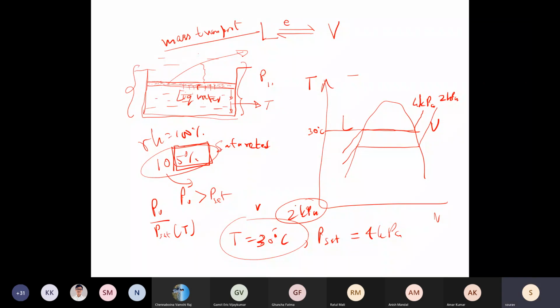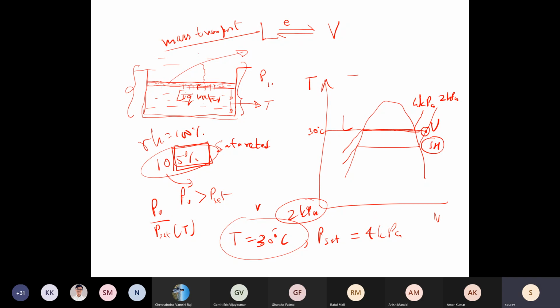Now, if your partial pressure of water vapor in air is 2 kPa at 30 degree, so if you extend this 30 degree line onto this 2 kPa, what state you get? You get superheated vapor. So it means that air has water vapor which corresponds to superheated condition. So definitely there cannot be any condensation.